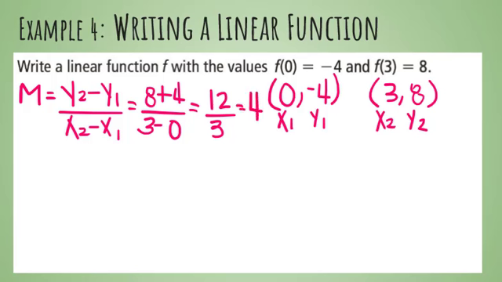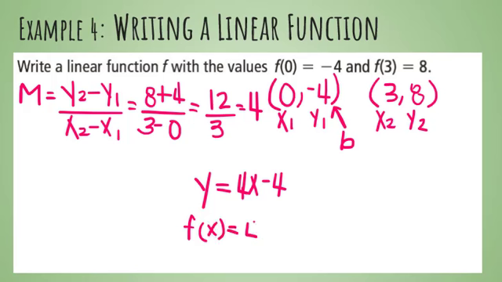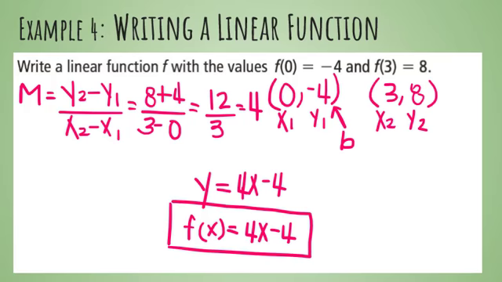So this is my slope, and then again, this point gives you your y-intercept, which is your b value. So our answer is going to be y equals 4x minus 4. However, since this is in function notation, we want our answer also to be in function notation. So we have f of x equals 4x minus 4. And this is our answer here.